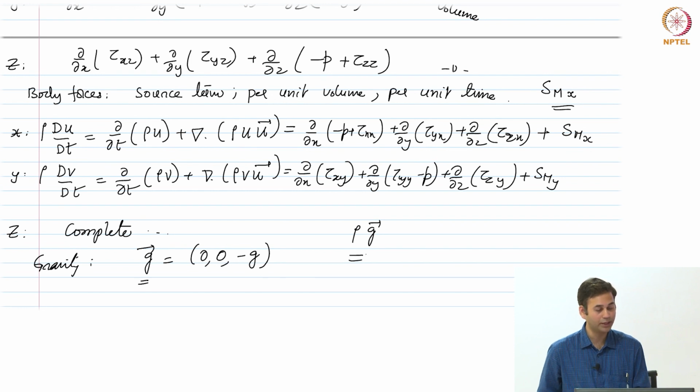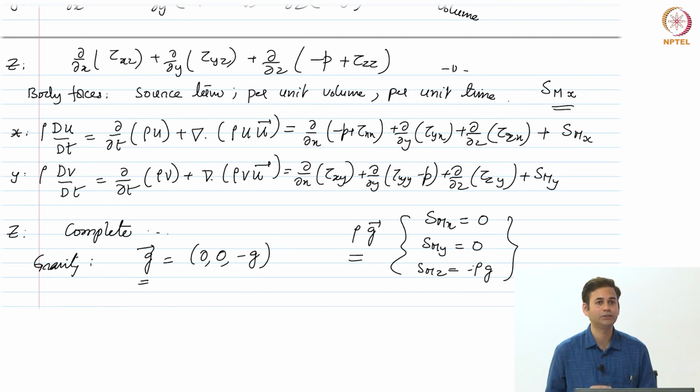So, in this context you would write your source term in the x direction as 0, source term in the y direction as 0, and the source term in the z direction as minus rho g, right. That is your body force if it is arising out of a gravitational force, okay. If it is something else, then you have to write these source terms on a per unit volume, per unit time basis, okay. So, essentially this completes the derivation for the momentum equation, okay.